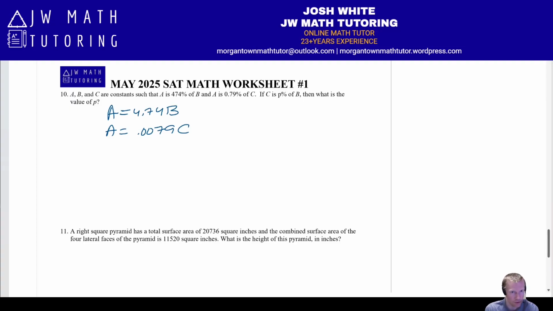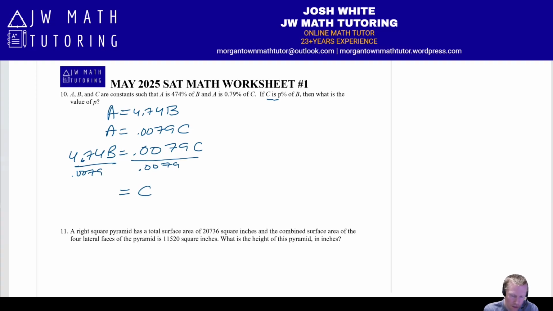So since these are both equal to A, I can just set them equal to each other. 4.74b equals 0.0079c. Here's the trick, or here's the key. C is. That means you want C equals everything else on the other side. So we need to divide by 0.0079.